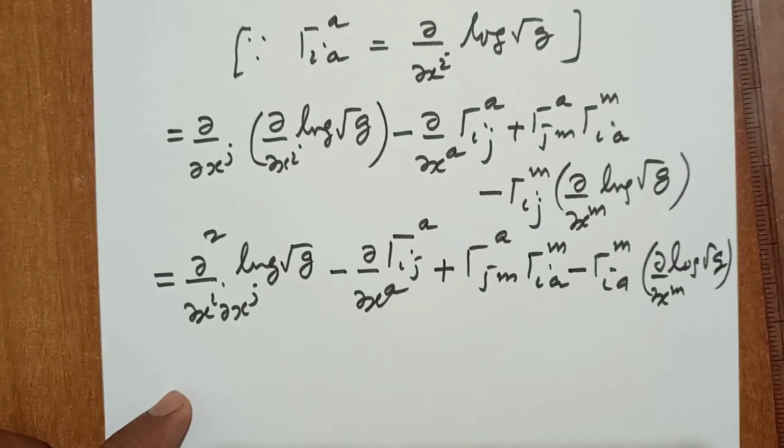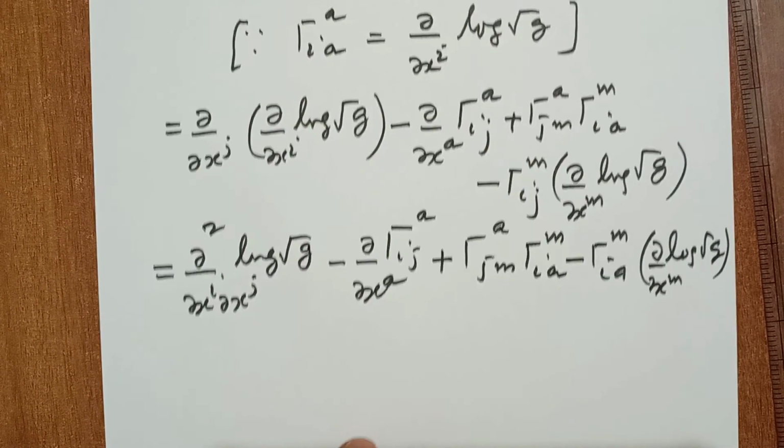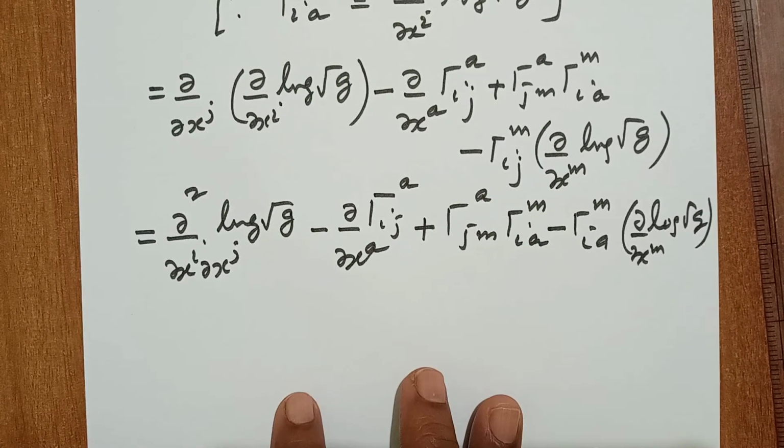Here m is a dummy index, so this can also be written in a very simple form.